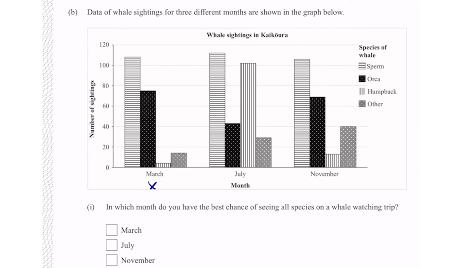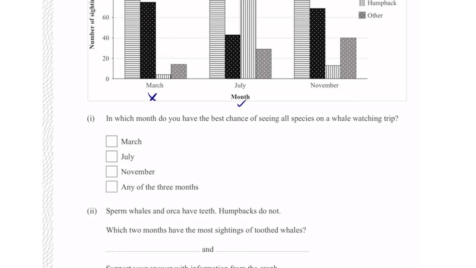So July's looking reasonably decent. Let's just have a look at November to check. So November, sperm is okay, orca's okay, others okay, but yeah, our humpback is really low in the November month as well. So I'm going to pick July is where we're going to have the best chance of seeing all of our whales.